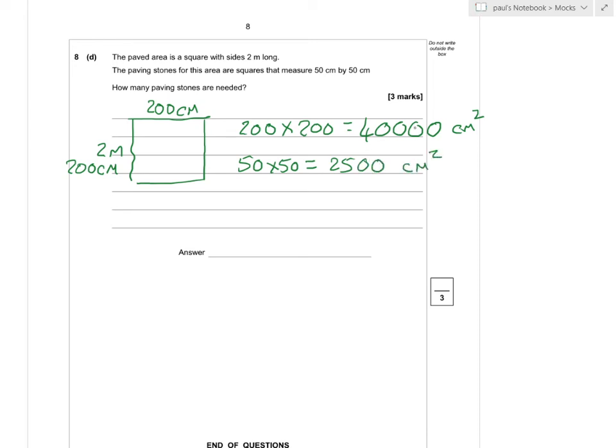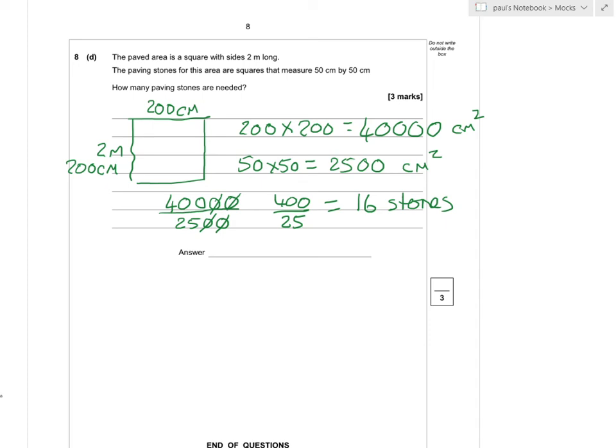So now I've got to divide that by that. 40,000 divided by 2,500. Now I can simplify that to 400 divided by 25. Now 4 25s make 100, so that will be 16. 16 paving stones.